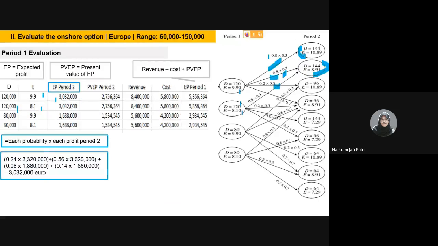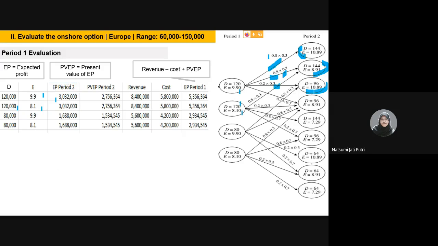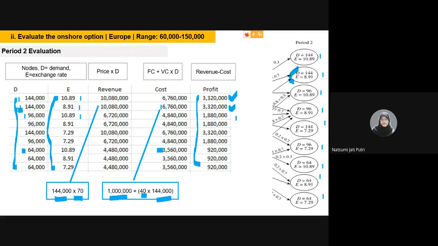And then 0.06 we get from 0.2 times 0.3 times the profit here, the demand 96 and exchange rate 10.89, which is here.